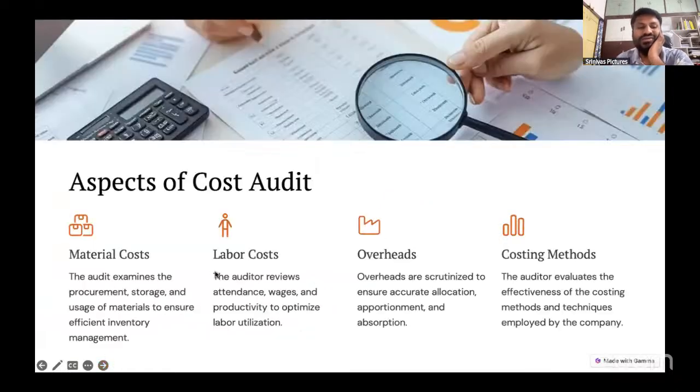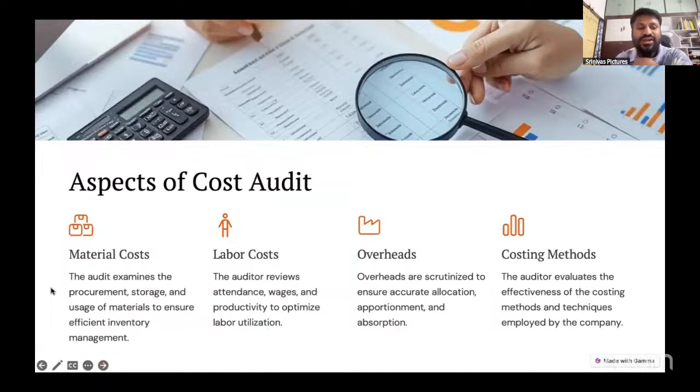Aspects of cost audit: what aspects are going to be covered? Generally, we cover all the cost elements and costing methods. Cost elements are material, labor and overheads, and costing methods evaluate the effective techniques and methods.